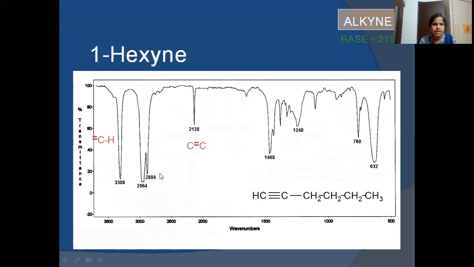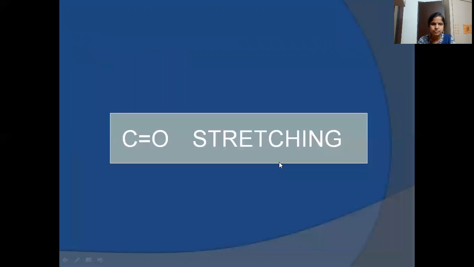And these are again sp3 carbon CH. This is C triple bond C, just below 2200. So it is weak. Then these are all bending vibrations.